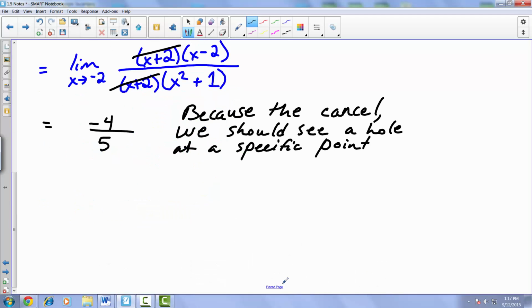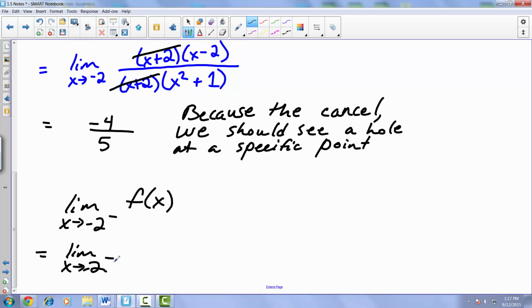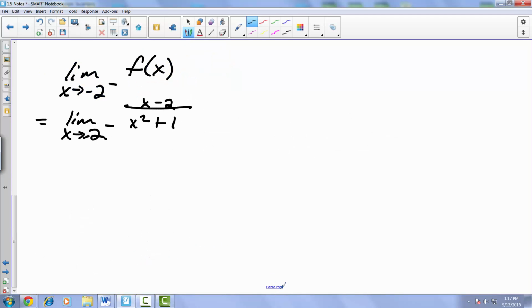And now let's go ahead and just verify that the left side does in fact meet with the right side. So if we did the limit as x approaches -2 from the left of our function, again, this would be our simplified part. I'll just write it out so it's a little bit more thorough: the limit as x approaches negative 2 from the left of x minus 2 over x squared plus 1. It should, if you use direct evaluation, just come out to be negative 4/5.